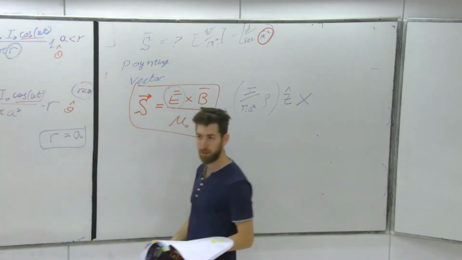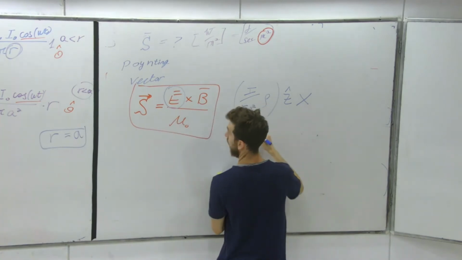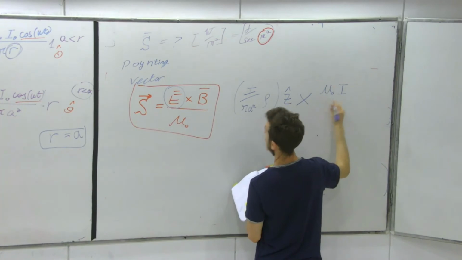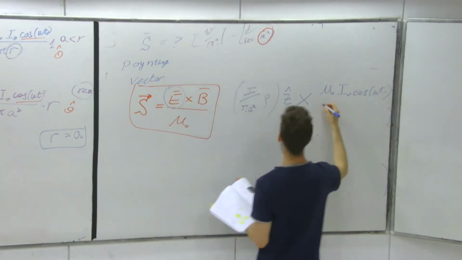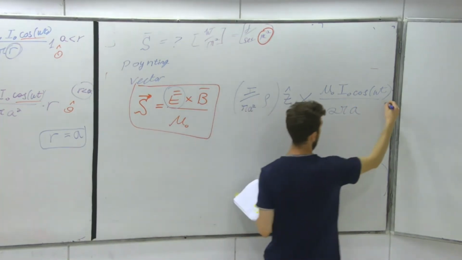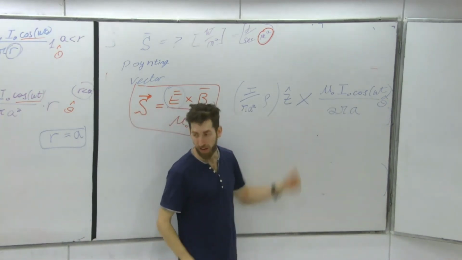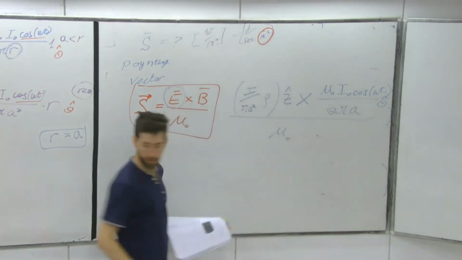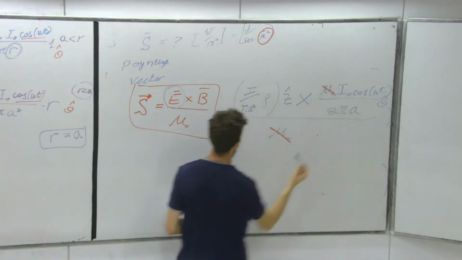That's what I said for the magnetic field. So here it is: mu 0 I 0 cosine omega t, divided by 2 pi a. And in which direction? Theta direction, right? So let's deal with it. All of this is divided by what? Mu 0, right? So first of all, mu 0 is dying out. Don't need you.